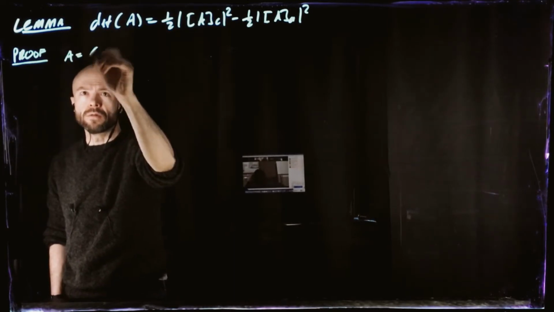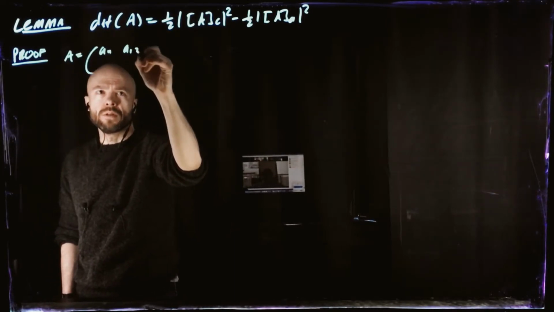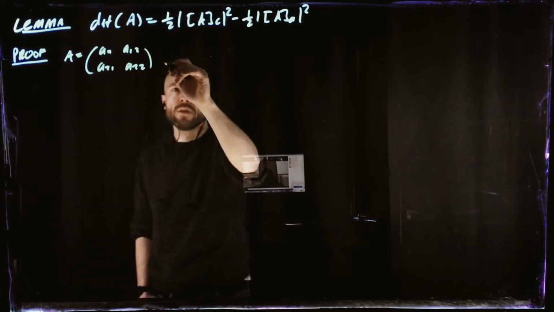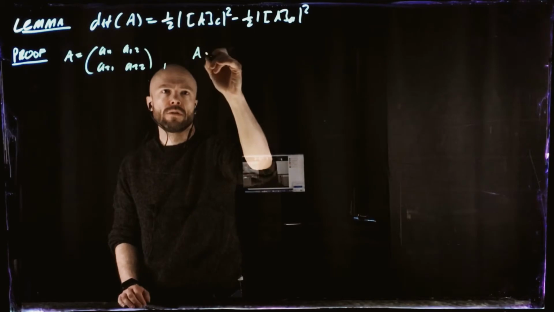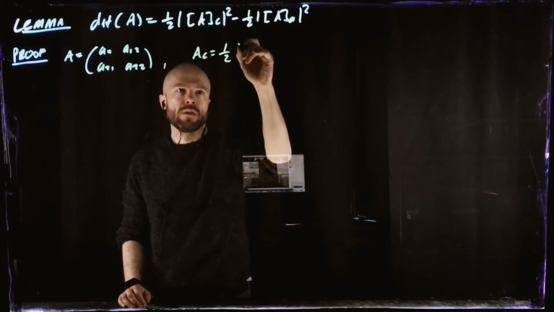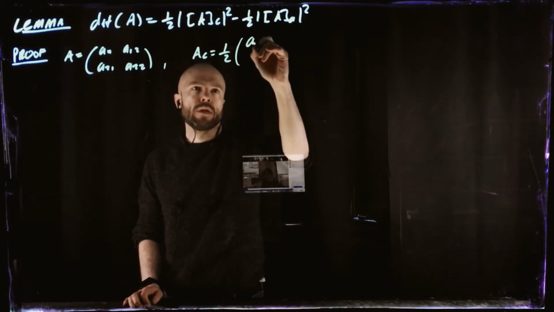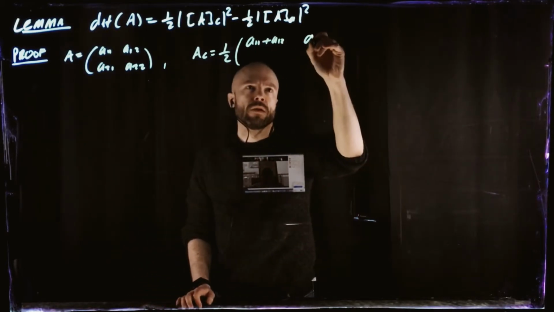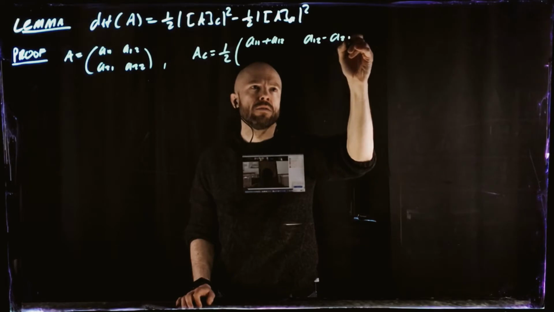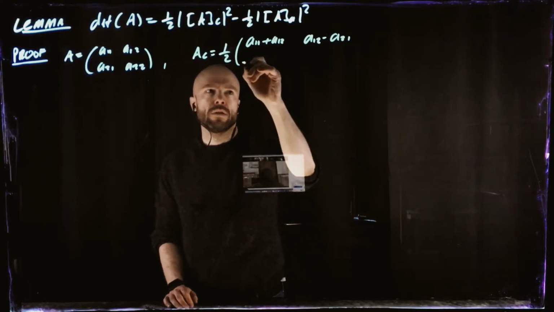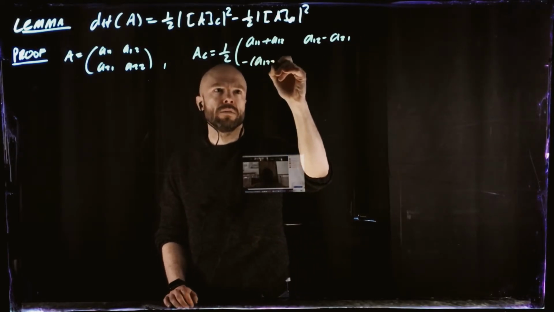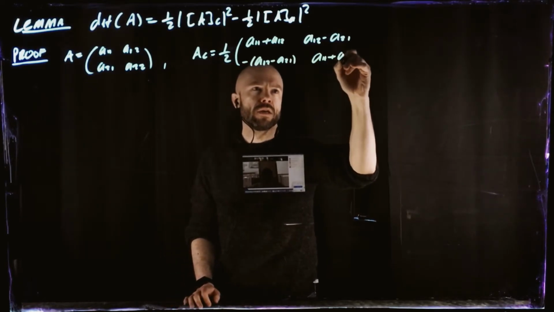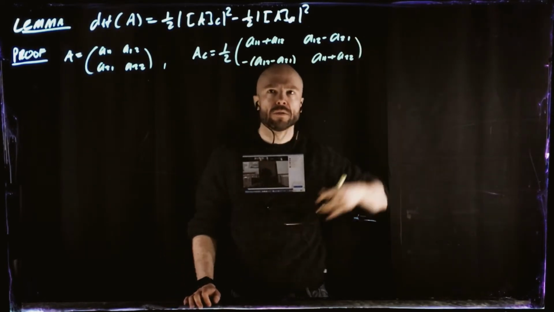So A is equal to A11, A12, A21, A22, and therefore the conformal part AC is A11 plus A22, A12 minus A21, minus A12 minus A21, and then A11 plus A22. That's what this guy is.